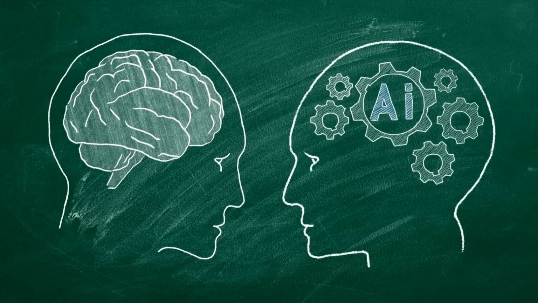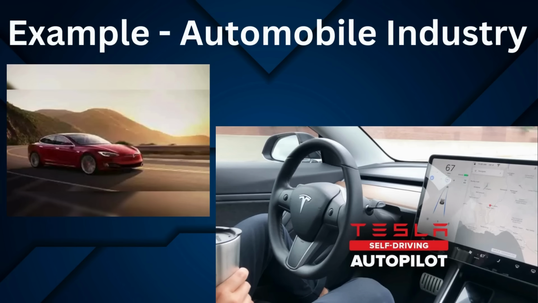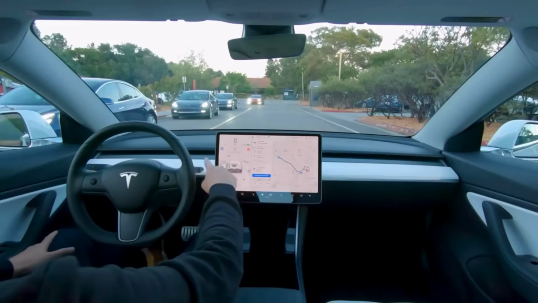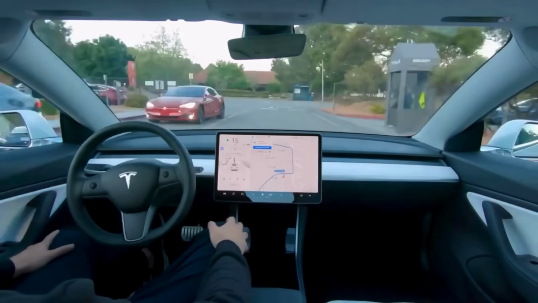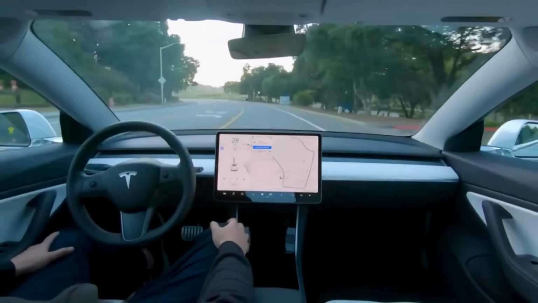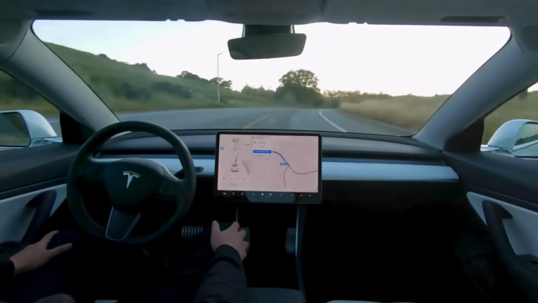Let's understand with an example how AI is helping the automobile industry, and the perfect example is Tesla, the self-driving autopilot car. The Tesla car is in autopilot mode and the car is moving from one location to the other automatically. It uses 3 sensors in the front, which are used to identify pedestrians and other vehicles.